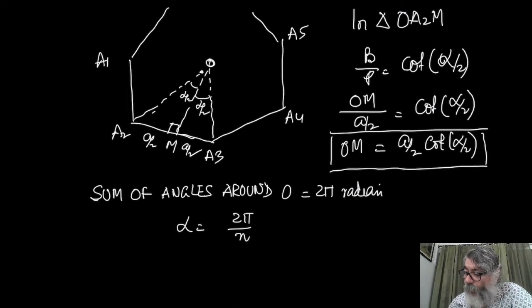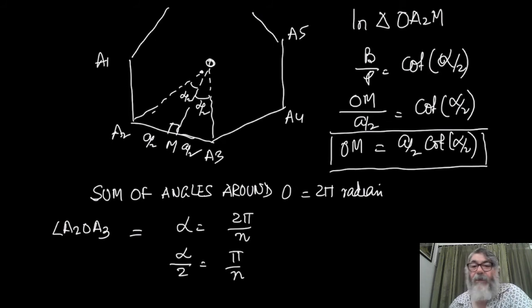Angle A2OA3, or angle A3OA4, or A4OA5, these all angles will be equal. To calculate them, we divide the total sum by the number of sides of the polygon. It is 2 pi by n, but I am using the angle alpha by 2. So alpha by 2 is pi by n.